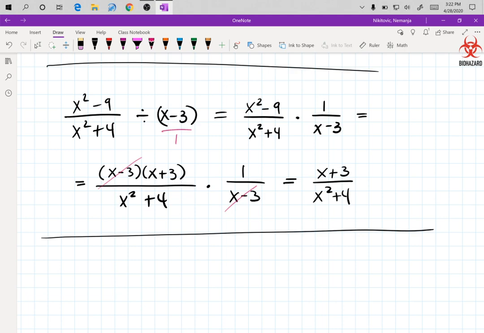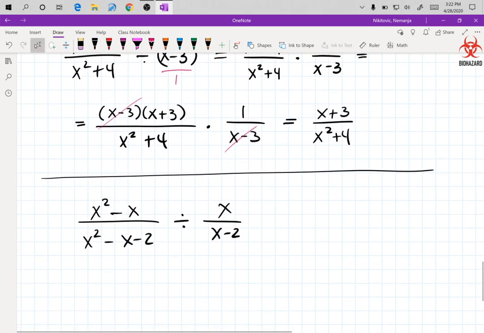We ended the problem. And then some spicier cases, obviously, where you would have to involve more factoring. X squared minus x divided by x squared minus x minus 2, divided by x over x minus 2. The first order of business is to flip into multiplication.